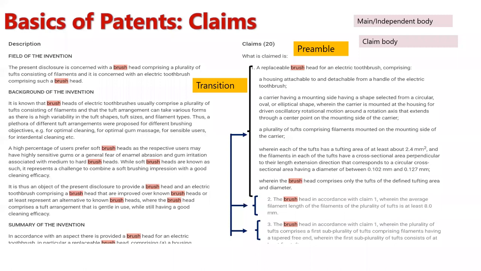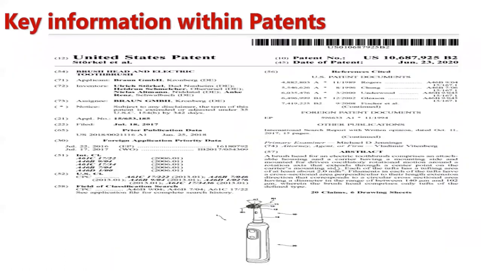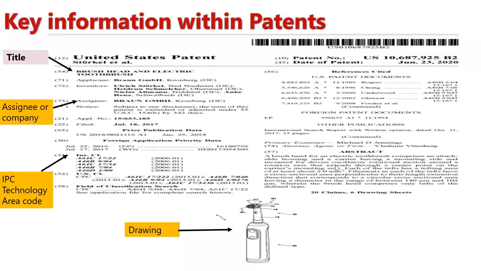Key information. I'm showing one example. What information will you find once you search the existing patent? It will show the title, the assignee or company, and the technology, the IPC technology area code.